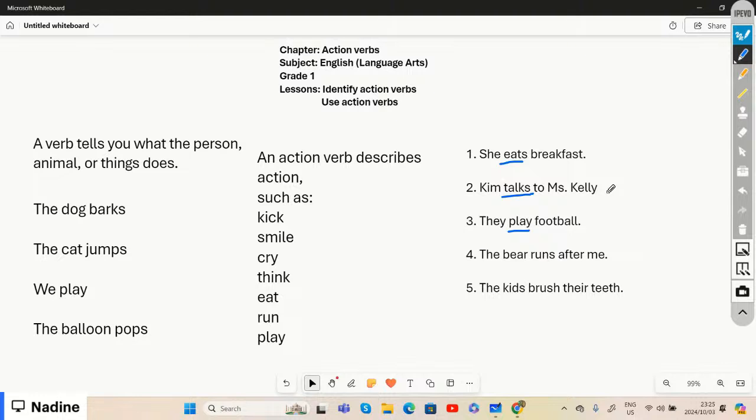Now it says number four, the bear runs after me. What is the action verb within that sentence? Not she, the bear runs after me.